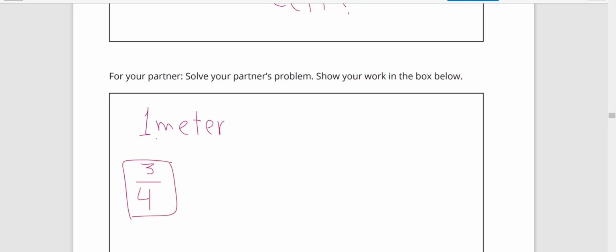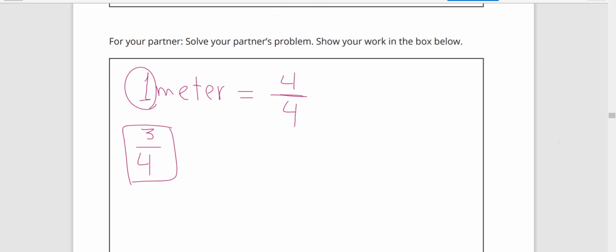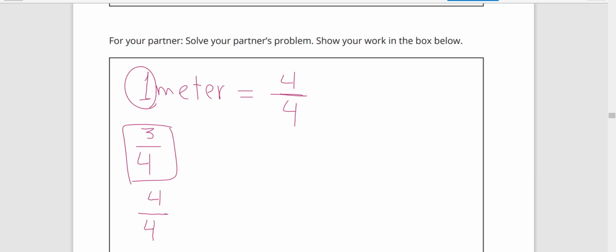So 1 meter equals 4 fourths. 4 fourths subtract 3 fourths equals one fourth meter.